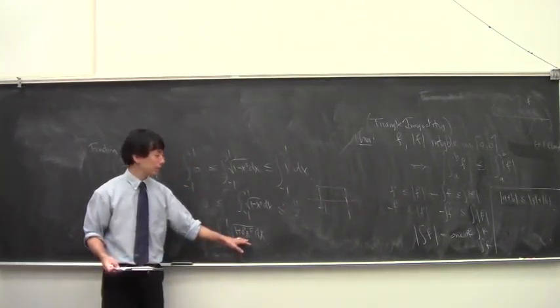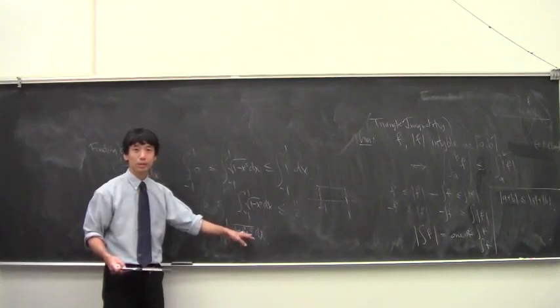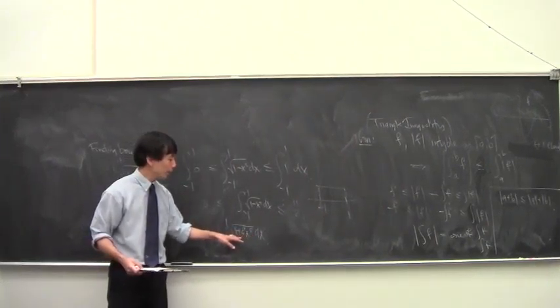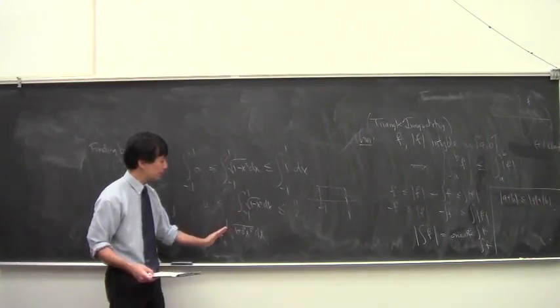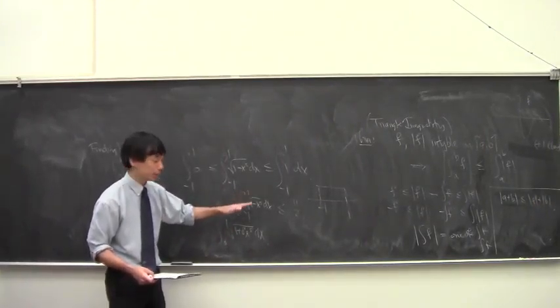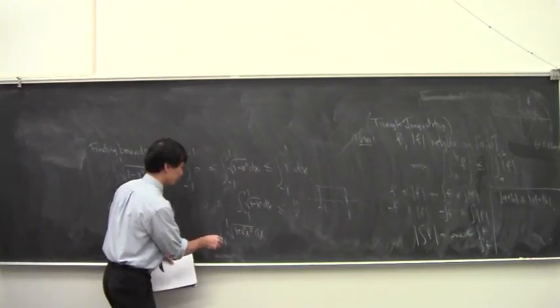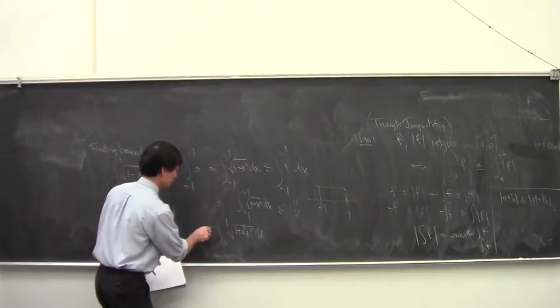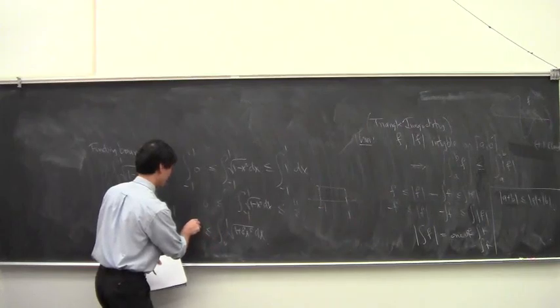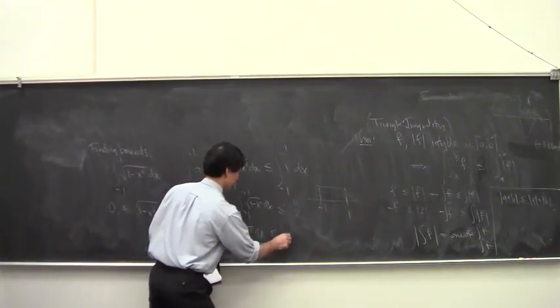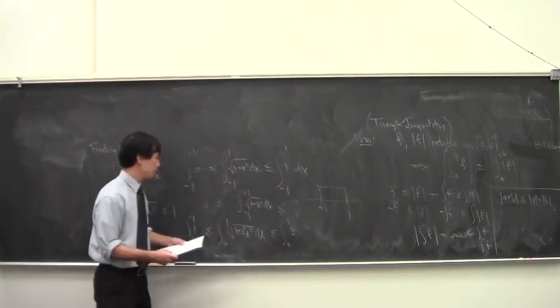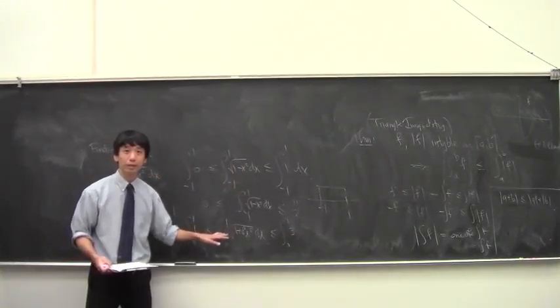What's the integral of this? It's not so clear. But you can guess its min and max. This is actually an increasing function, so its min is going to be 1, and its max is actually 3. So you know that it lies between 1 and 3.